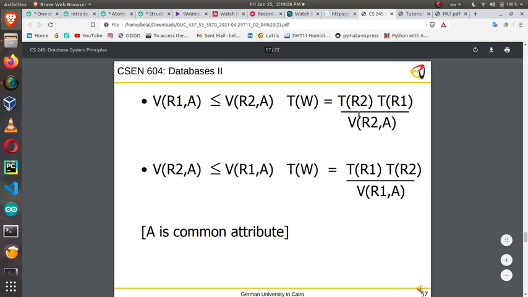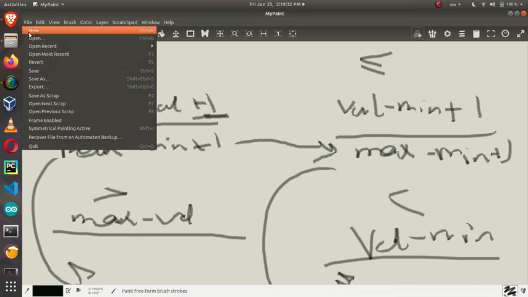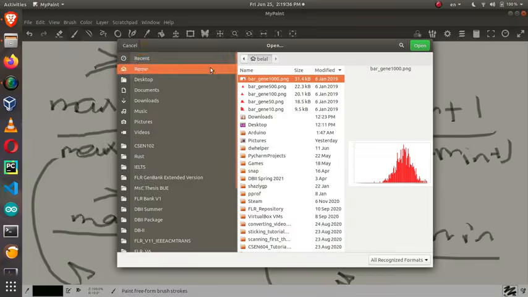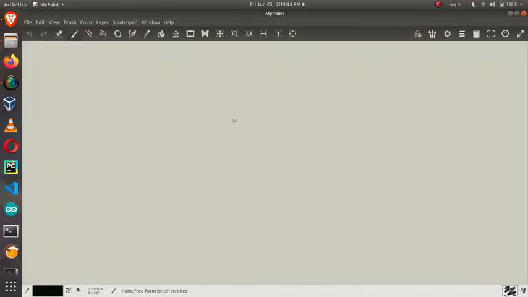So let's inspect the join operation to understand these two rules, okay?